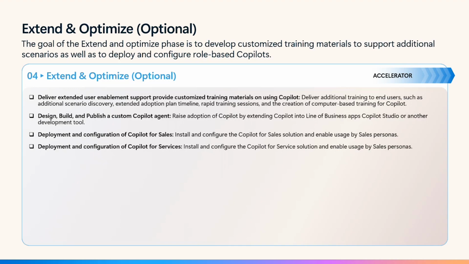Then deployment and configuration of Copilot for Sales in case we are working with sales, and deployment and configuration of Copilot for Service. So to install and configure the Copilot for Service solution and then enable usage by salespeople. This one is very important, to improve your business, to cut some costs, and to accelerate your productivity.